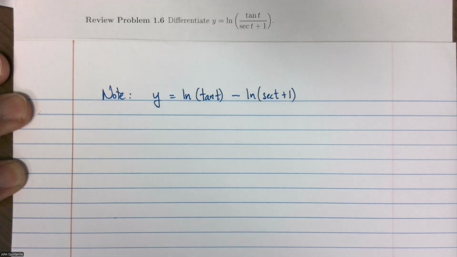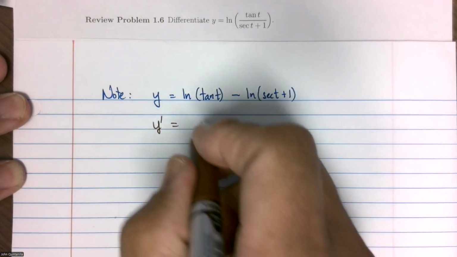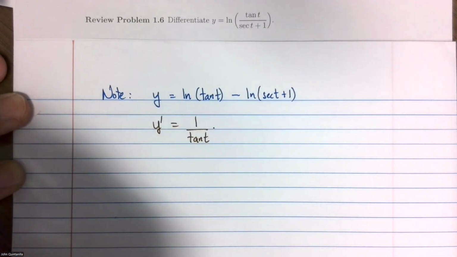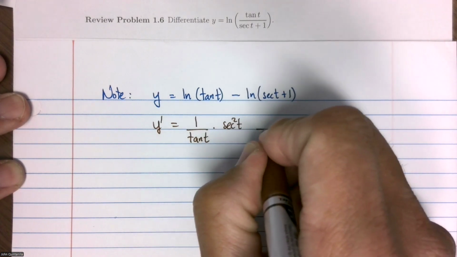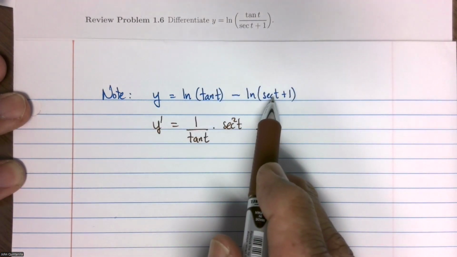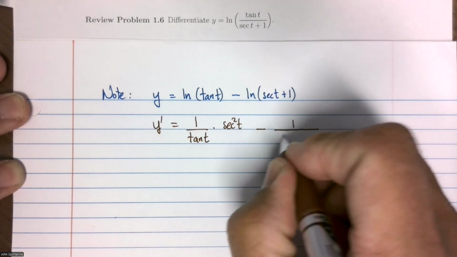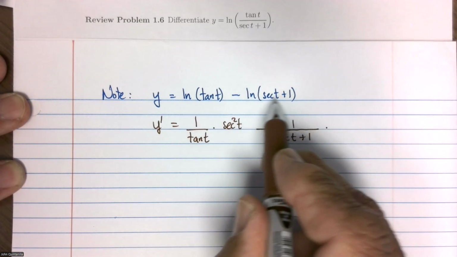And so taking the derivative, we get that y prime is equal to the derivative of natural log is 1 over tangent of t times the derivative of the inside, which is secant squared t. Then the derivative of natural log of secant t plus 1, well, we'll start off with 1 over secant t plus 1 times the derivative of the inside.